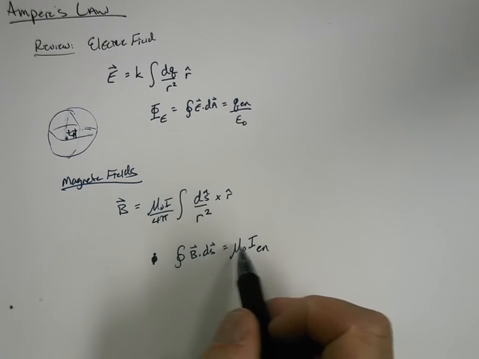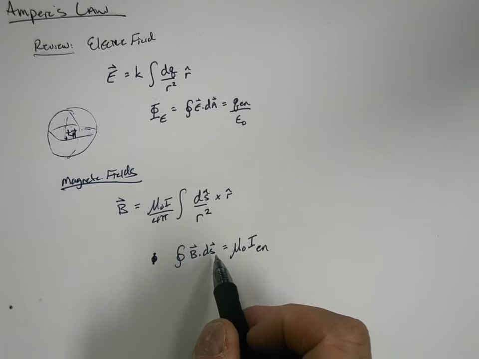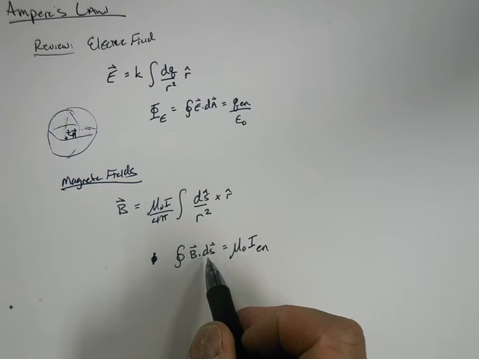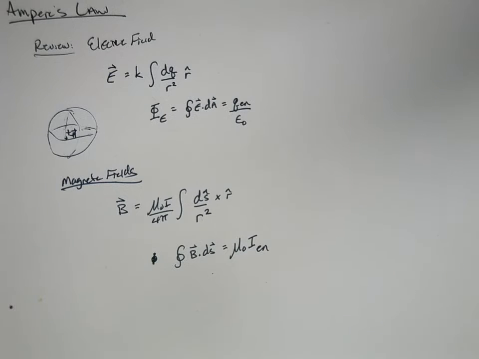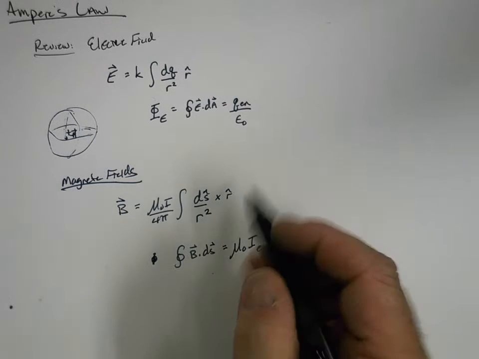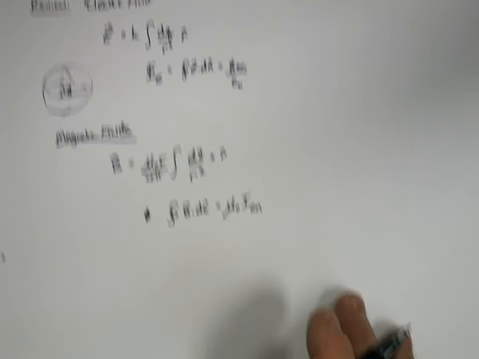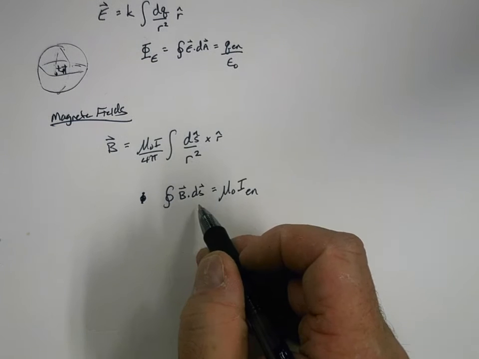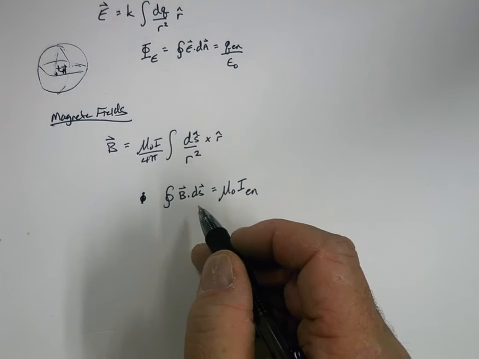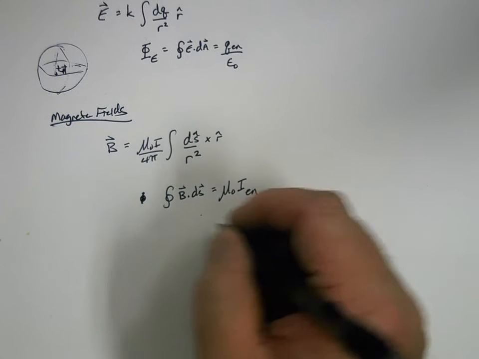This means that our ds, the path that we're examining our field in, is closed. We start where we begin. We don't want to do the math for this either. We do this so that we can choose our ds to be a closed loop, which is called an Amperian loop.